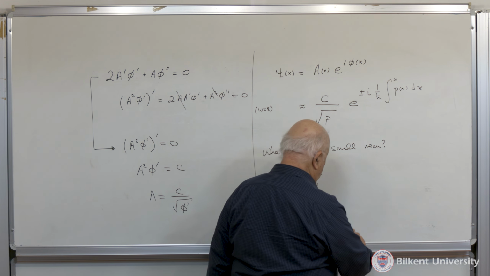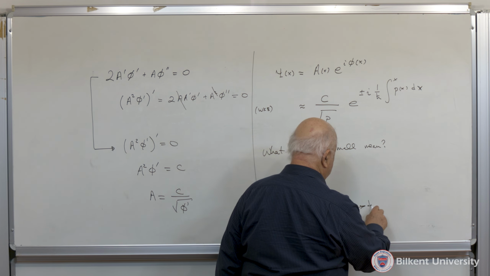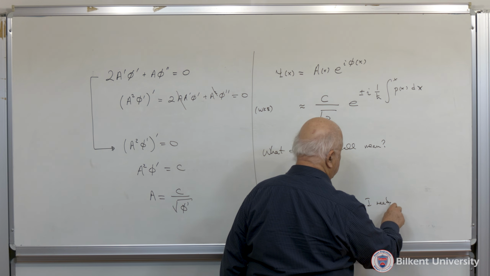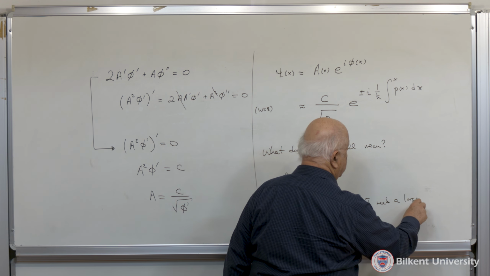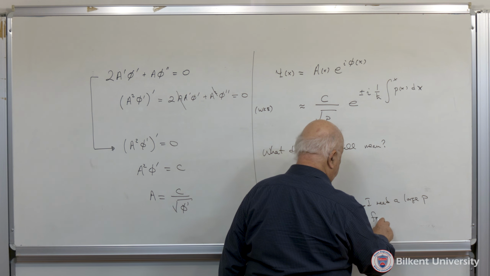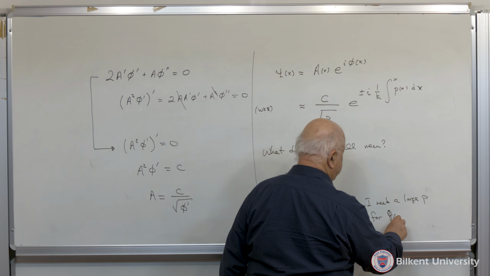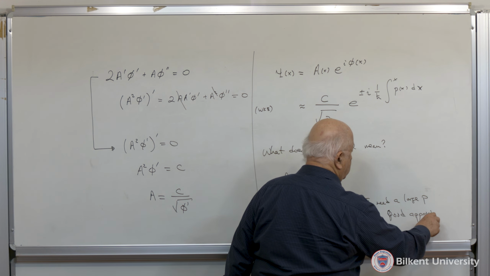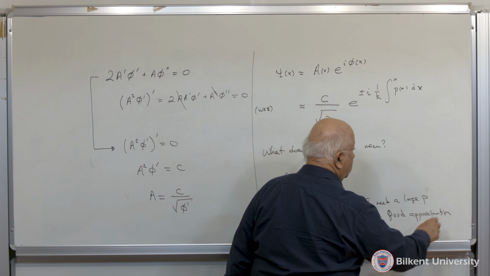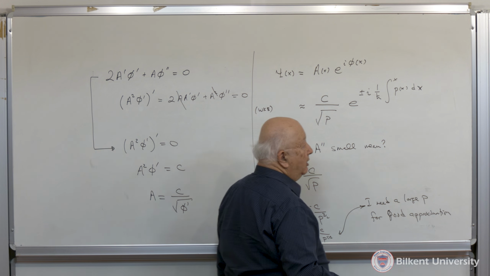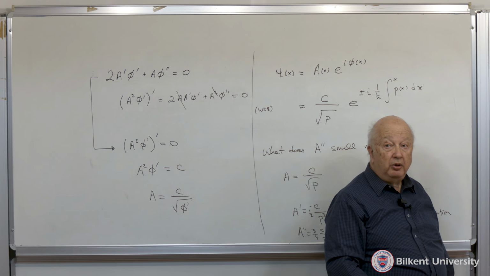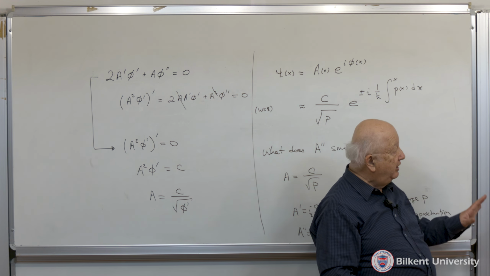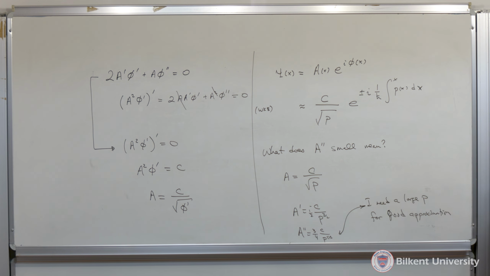So I need a large P for a good approximation. What does that mean? That means my solution will be good in regions where I have large momentum or large kinetic energy.